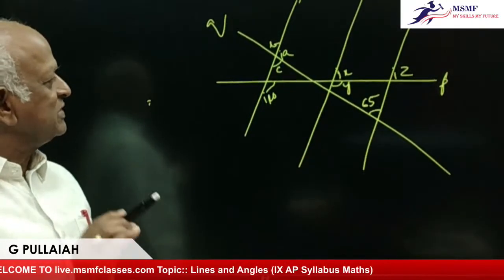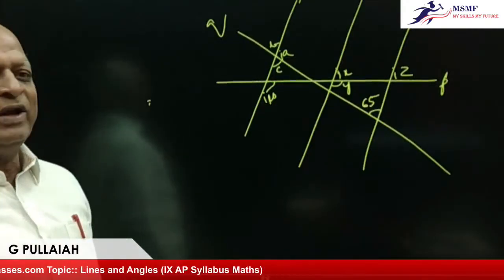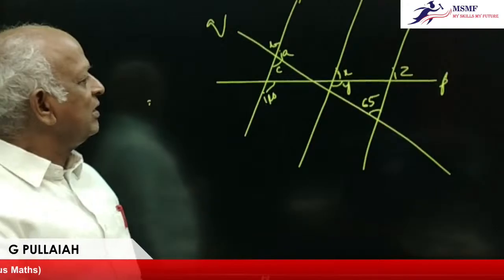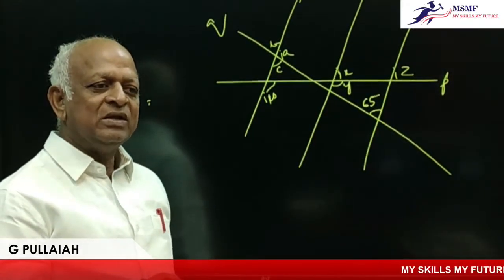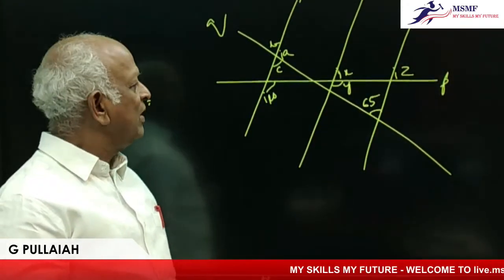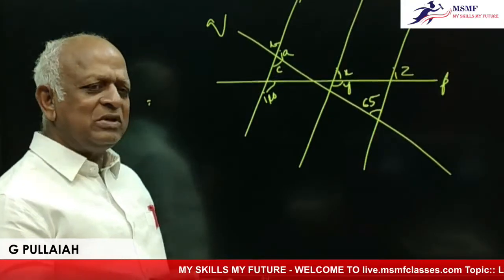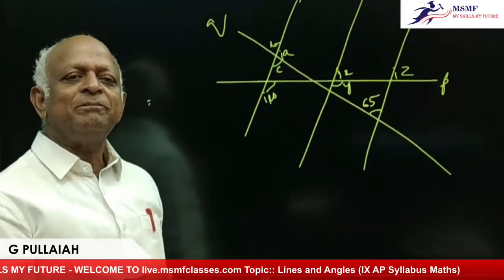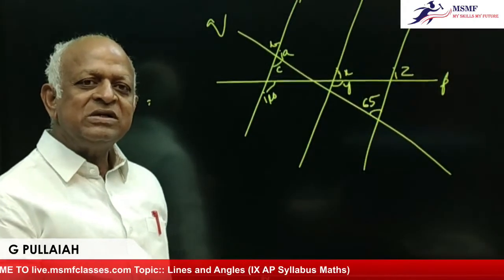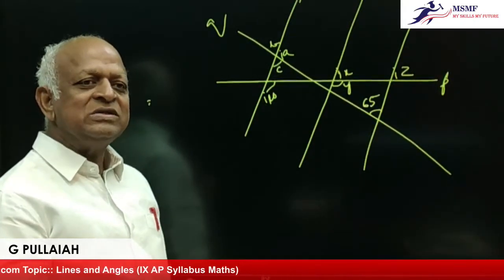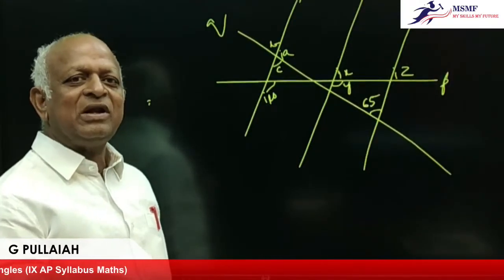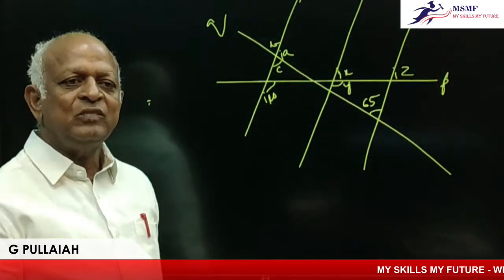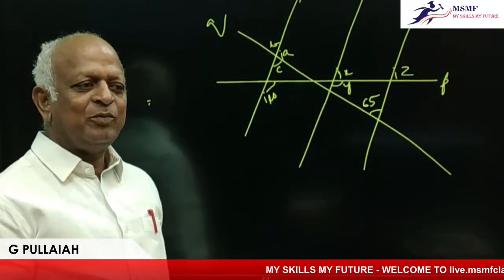Let's not get confused here. So think very carefully. Let us take one transversal first of all, the P transversal. Can you imagine very carefully? Can you point out any of the corresponding angles or any of the alternate angles or any of the vertically opposite angles in these? Forget about Q for some time. Hope you are following what I am doing.